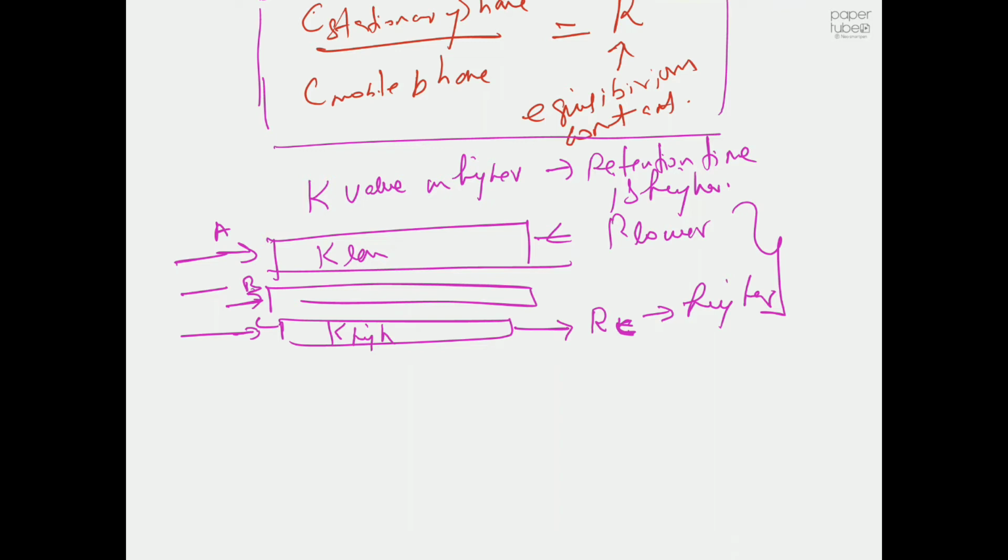It also means that at equilibrium your solid particles can retain more of analyte C when you compare it to analyte A. So that's the whole idea. Keep these things in mind. If the k value is higher, it means a lot of things. One, it has a strong affinity.